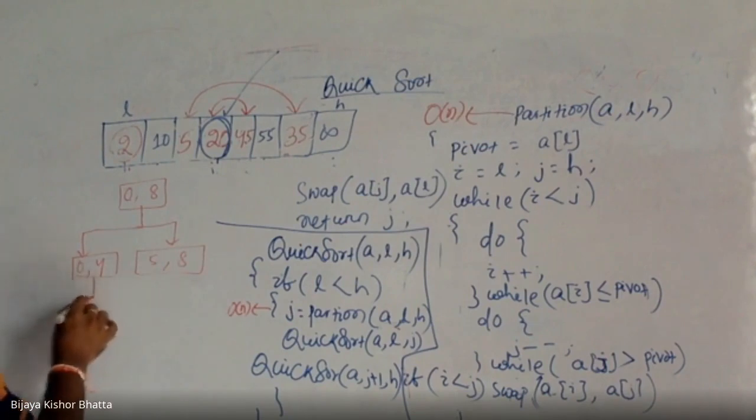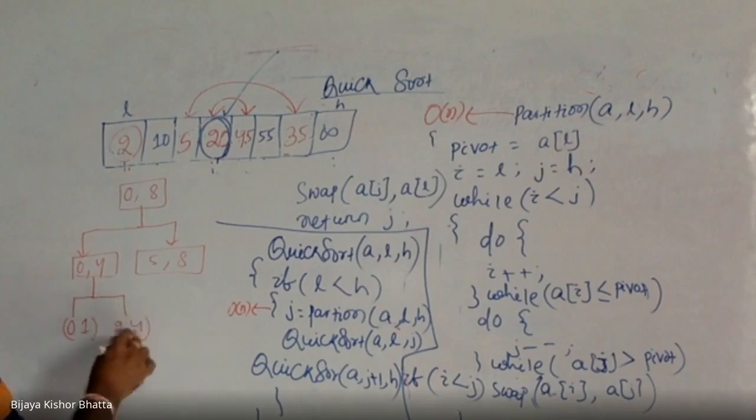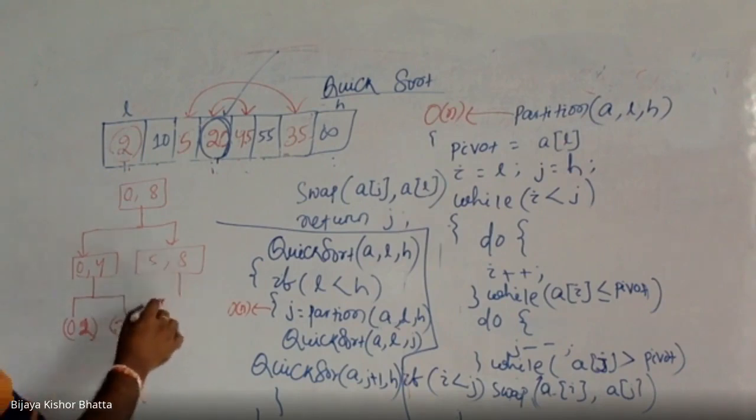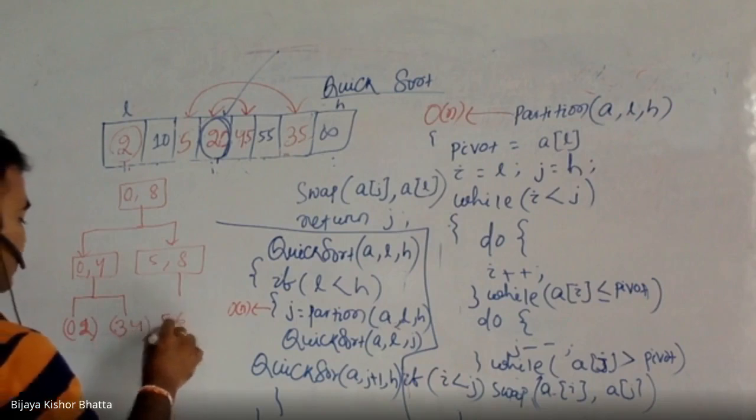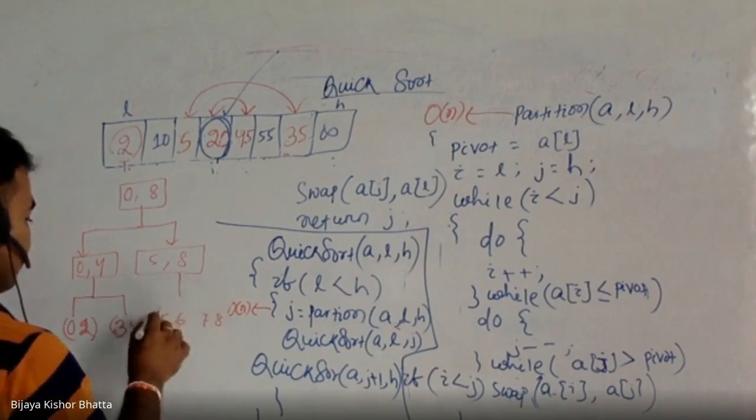So this will again be partitioned, right? So maybe 0 to 1 and 2 to 4, or 0 to 2, 3 to 4 maybe. Let me say 0 to 2, 3 to 4. Okay. In the same way, it will be like 5 to 6, 7 to 8, right?